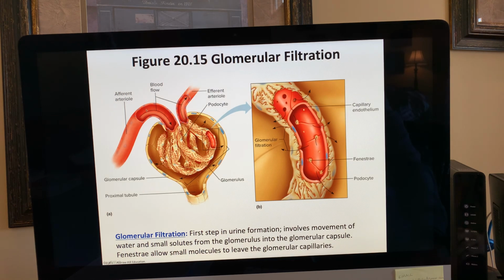Again, here's the afferent arteriole bringing fluid in. Here's the glomerular capillaries surrounded by their podocytes with the slit processes.